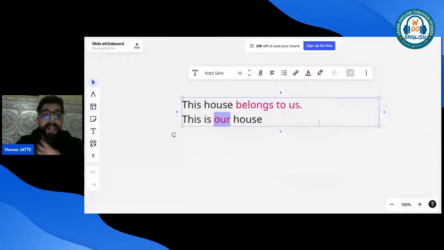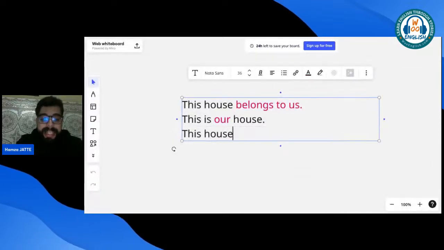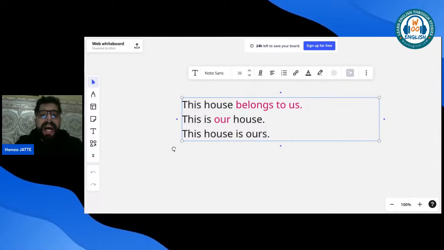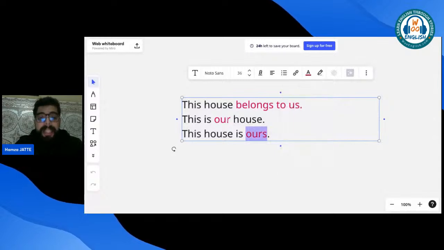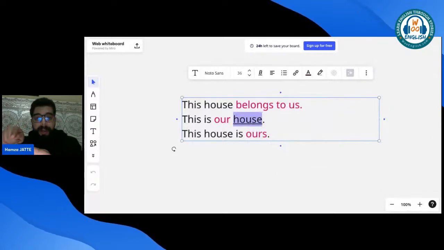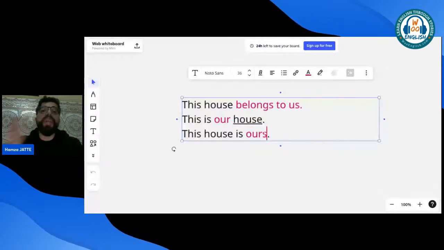So this is for number one. But if we say this house is what? This house is ours. So the difference between our and ours, very simply, is that our is used when the thing that you own is after our. But when there is nothing after our, we say ours. All right.